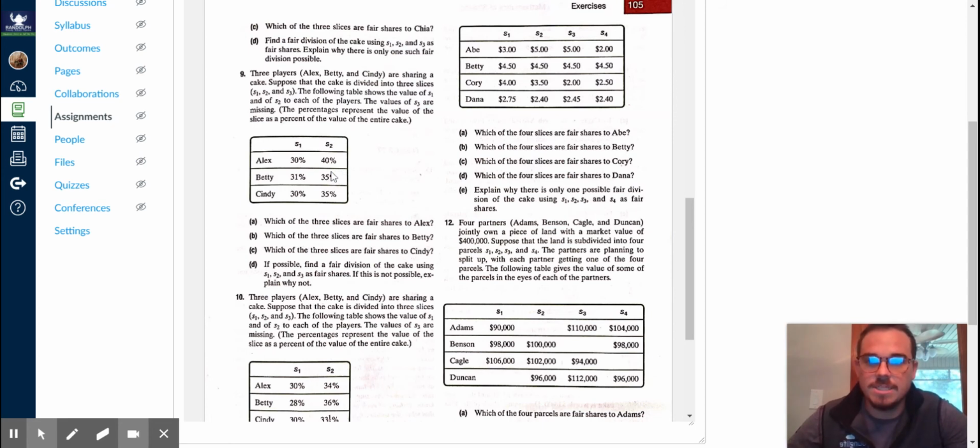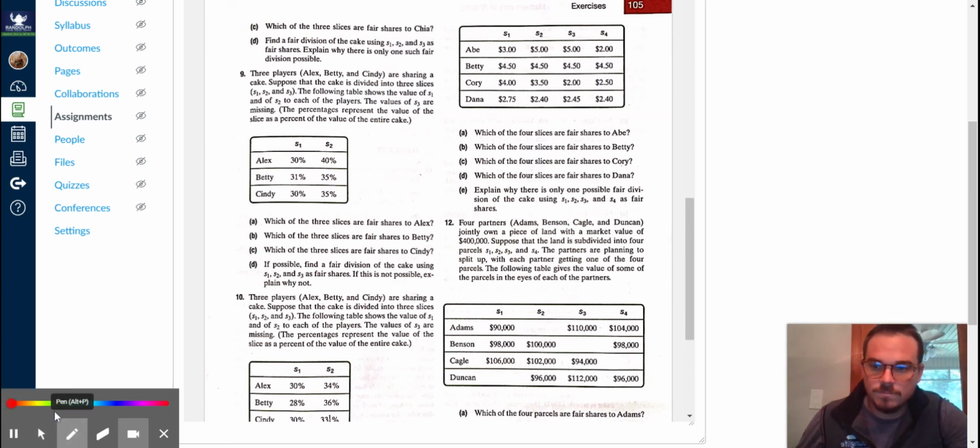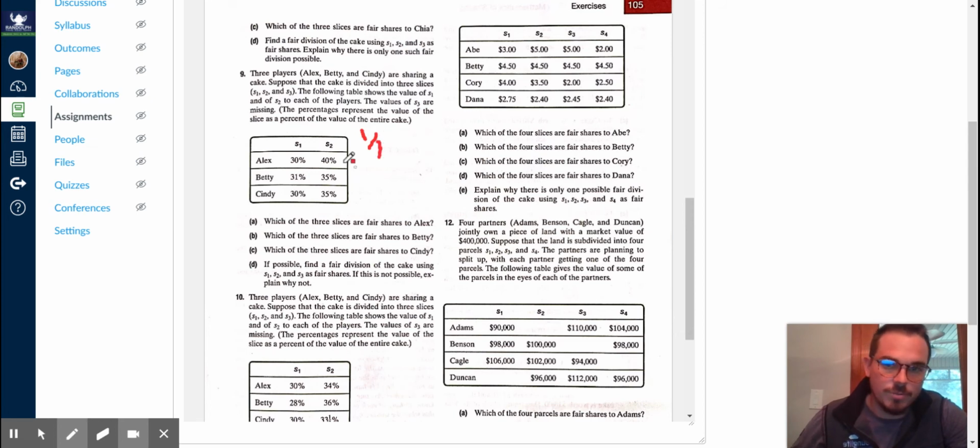So in this case, there are 3 players. Each one of them has to be worth 33.3. 1 out of 3 players. Each one has to be worth 33.3. So for Alex, the only one that works is S2, because S1 and S3 are under 33. It's not fair share. Which of the 3 slices are fair shares to Betty?